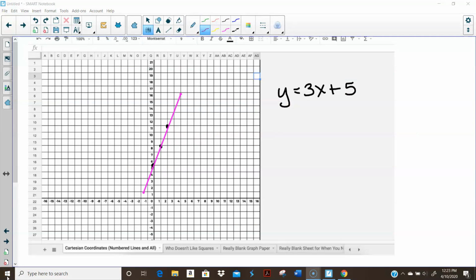Here you can see I drew the function y equals 3x plus 5. I started at 5. I did rise 3, run 1, rise 3, run 1. If you look at example 2 on page 121, it's asking you to find the slope of the line at point (2, 11). So point (2, 11) is right here.